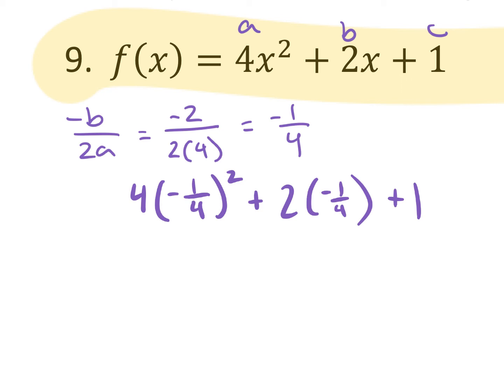When I square negative 1/4, make sure you square the top and the bottom. So what is negative 1/4 squared? 1/16. Positive. Any negative number squared turns positive. And then I have 2 times negative 1/4, which would be negative 2/4 plus 1.